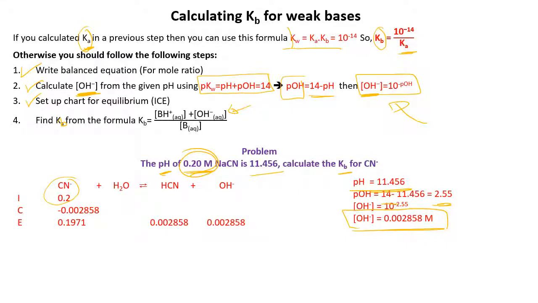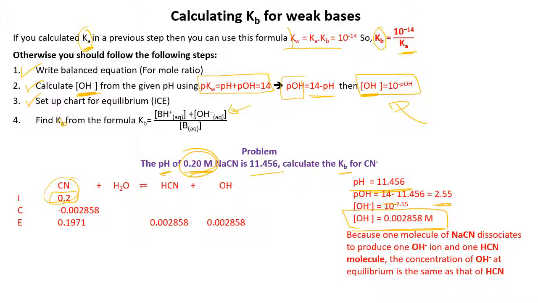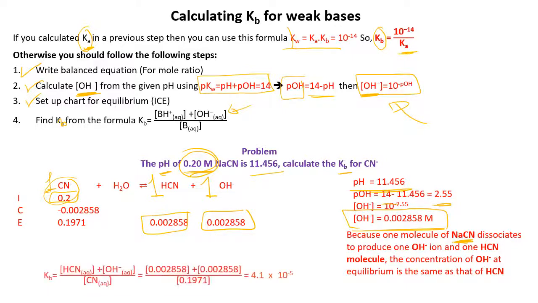Then we have the equilibrium, which is the initial concentration of CN negative minus the concentration of OH negative. Again, we assume that because one molecule of NaCN produces one OH and one HCN, they have the same concentration.